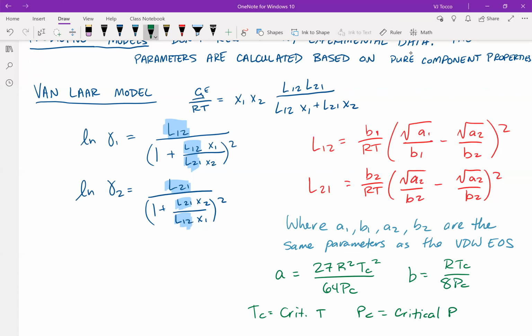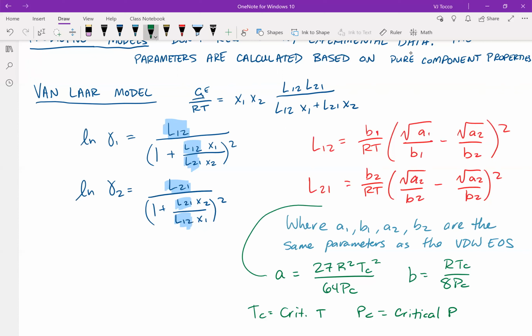So again, it's a few different hoops you have to jump through in order to use this. But ideally, if you had a system that you wanted to model, let's use the water ethanol system again, you would look up the critical temperature and critical pressure for water and for ethanol. You plug these into these equations to get your A ethanol, A water, B ethanol, B water.